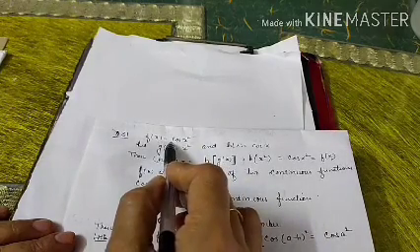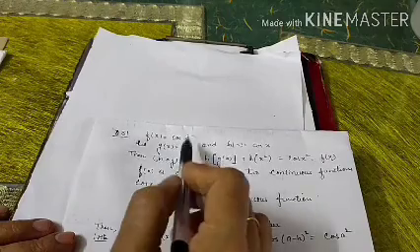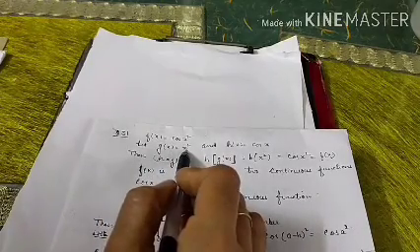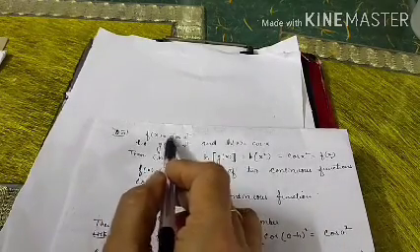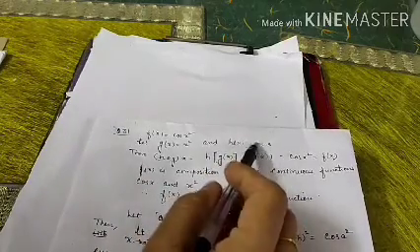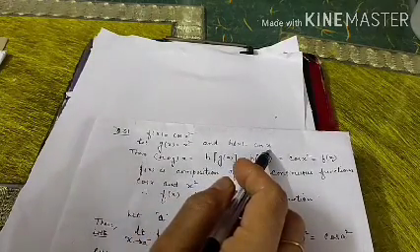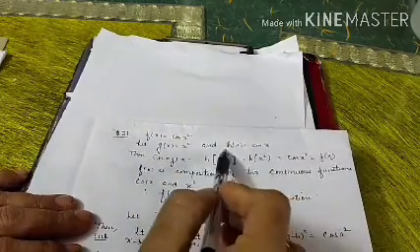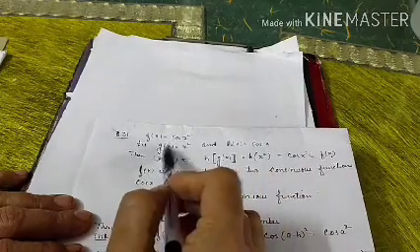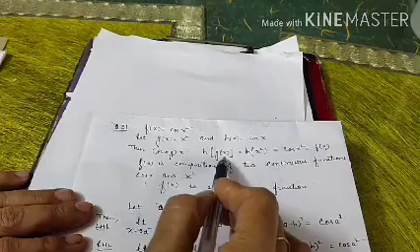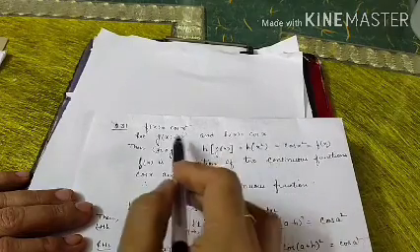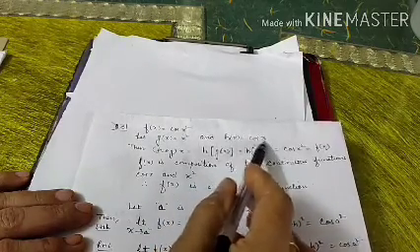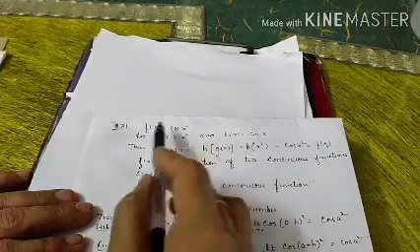Here if we define a function g(x) as x², and the cosine function we define as another function, let h(x) = cos x. Now because here cos x² is coming, if we take h composition g, then it will be h of g(x), that is h of x², and from here h of x² will be cos x², and this is f(x).